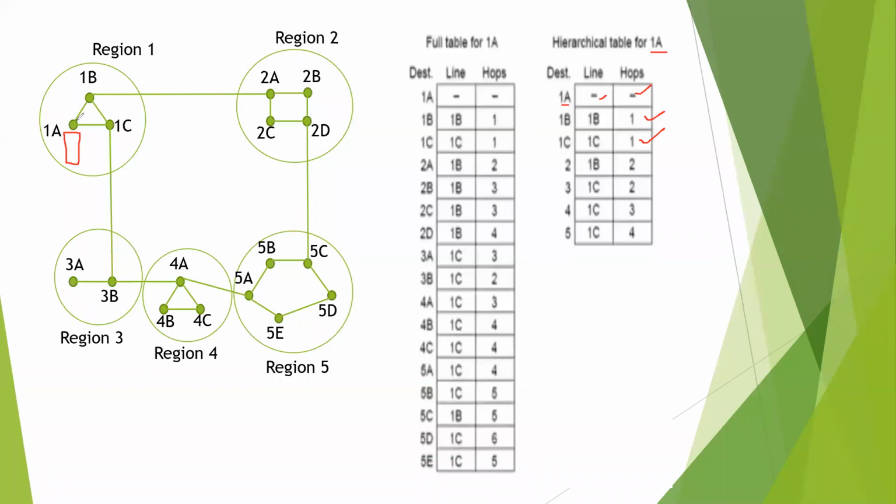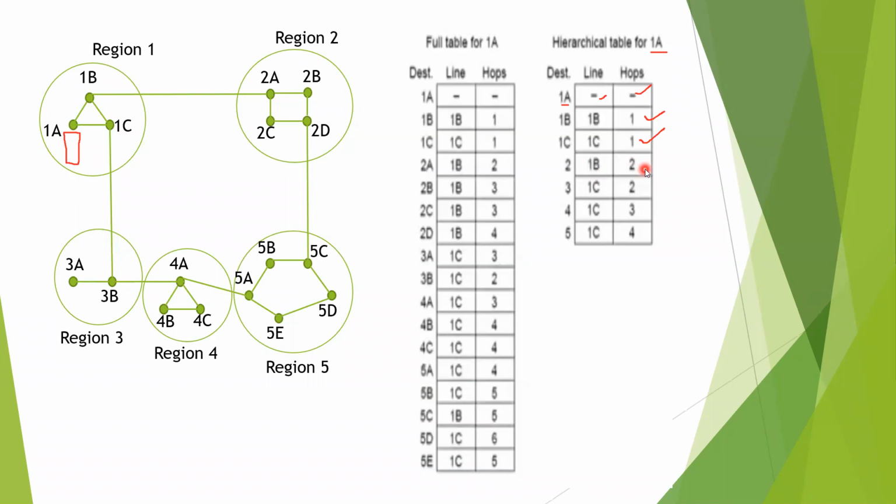If I consider 1A to 1B, then to 2A, from 1A, if I want to reach region 2, the best route is to go through this 1B.